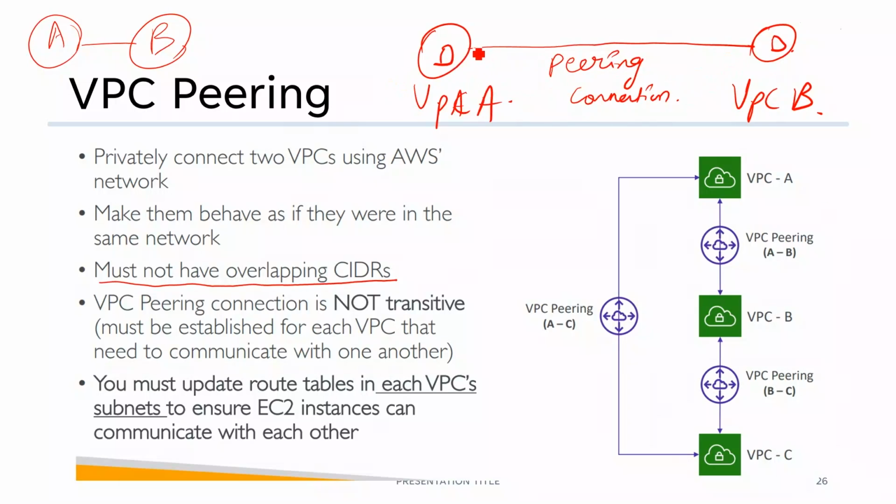To establish a route in a route table, the destination must be the CIDR of this particular VPC in the route table of VPC A, and you have to do it over here also. The destination in this route table should be the CIDR of VPC A, right? So you have to update the route tables of both VPC A and VPC B so that there will be communication between these two VPCs. I hope that makes things clear.